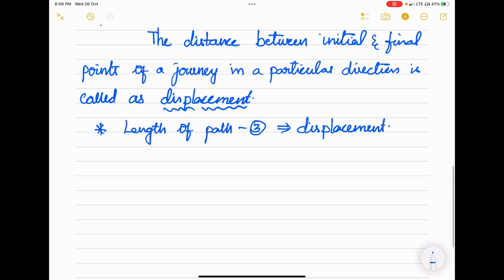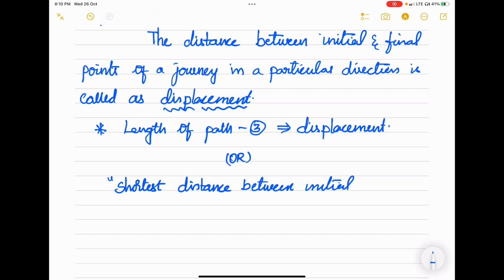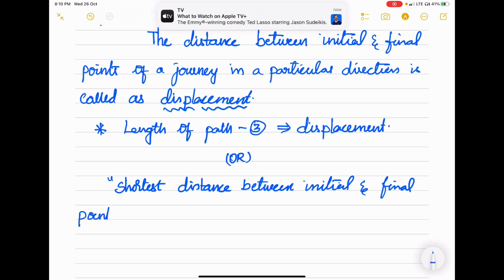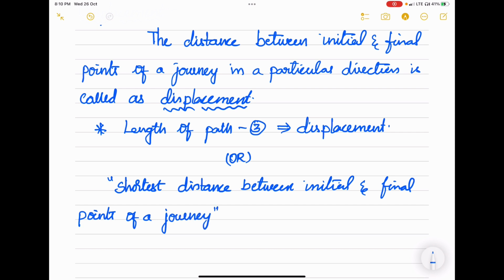Or you can even simply define displacement by one more definition as shortest distance between initial and final points of a journey, is also called as displacement.